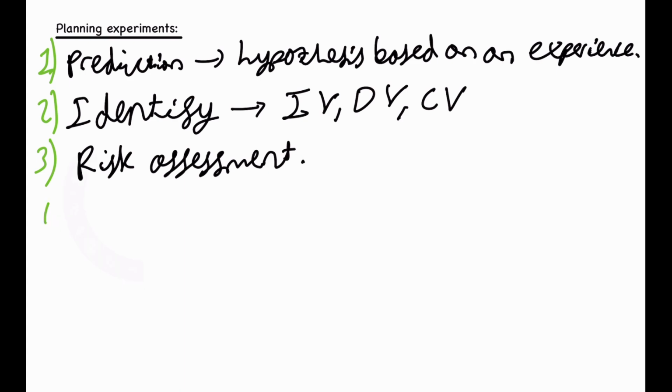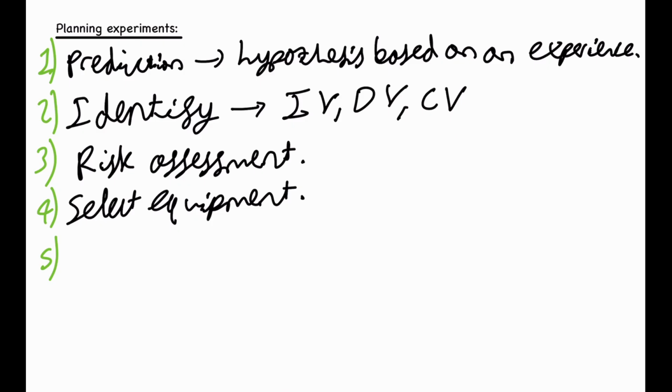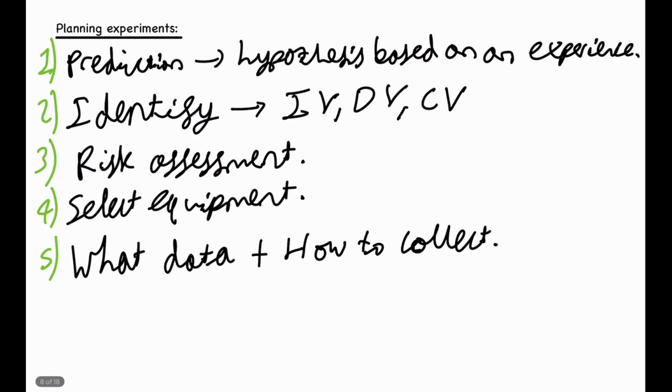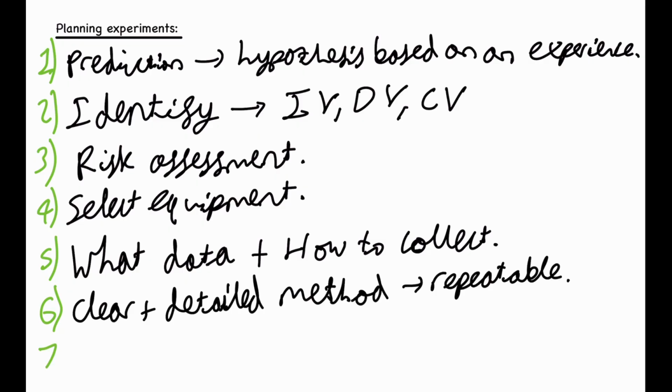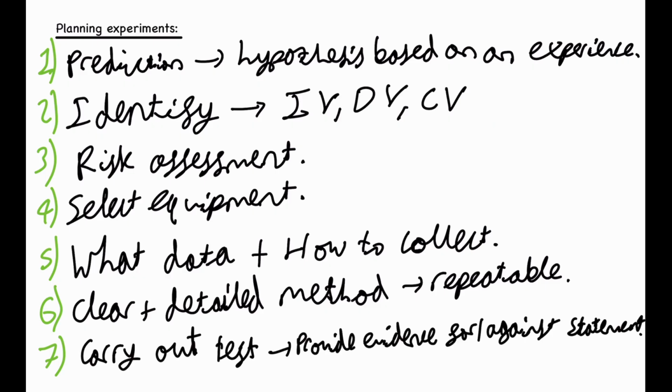Your fourth step is to select your equipment. Your fifth step is to decide what data to collect and how to do it. Your sixth step is to make a clear and detailed method so that you can make it repeatable. Your seventh step is to carry out a test to provide evidence for and against your statement. So this is where you finally carry out your test. And these are all steps of planning an experiment to solve a problem.